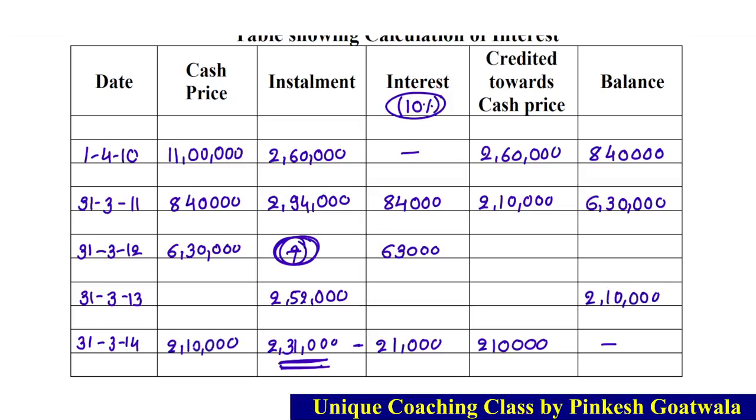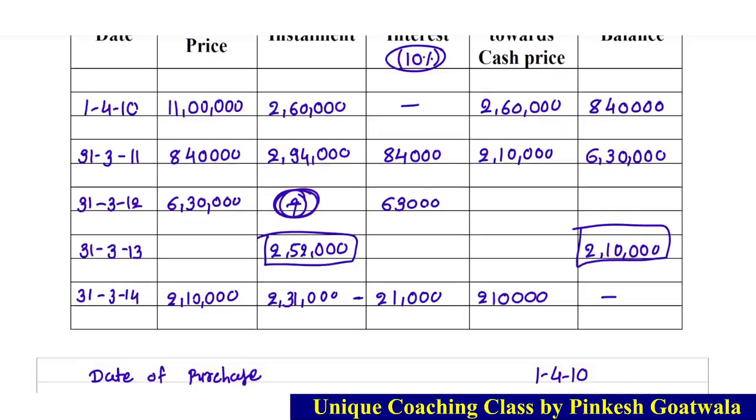Clear? Now again we have to start from the last installment. The next installment 2,52,000, we will add 210 to it. So 252 plus 210 becomes 462, right? 10% of 462 will be 42,000 interest.